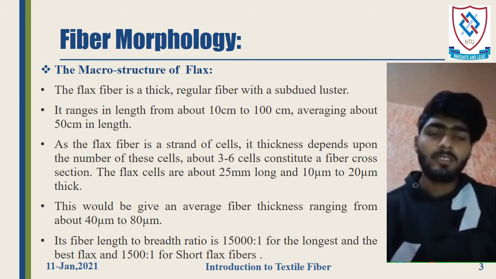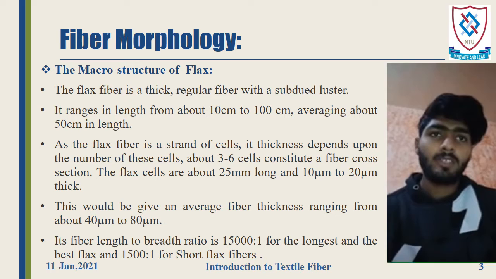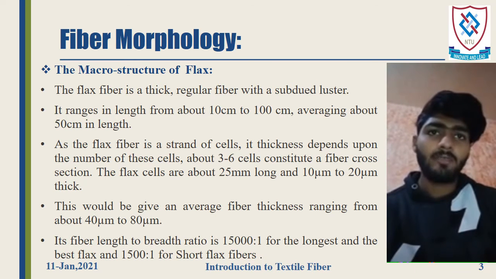As we know, flax fibers are in the form of strands of cells, meaning multiple cells are combined to make a fiber. The number of cells combined is 3 to 6 cells, which constitute a single flax fiber.